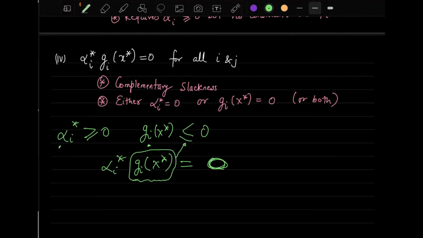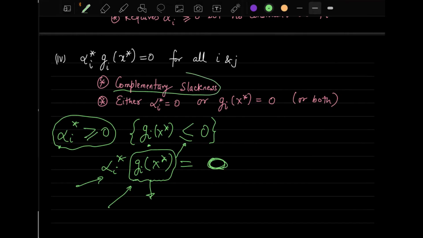Can anybody tell me? So this is one constraint that you have. You already know that alpha_i star has to be always greater than 0. Another constraint is that your g_i(x star) is always less than or equal to 0. If you multiply the two, we know through the complementary slackness condition that the value will be equal to 0, that is for sure.